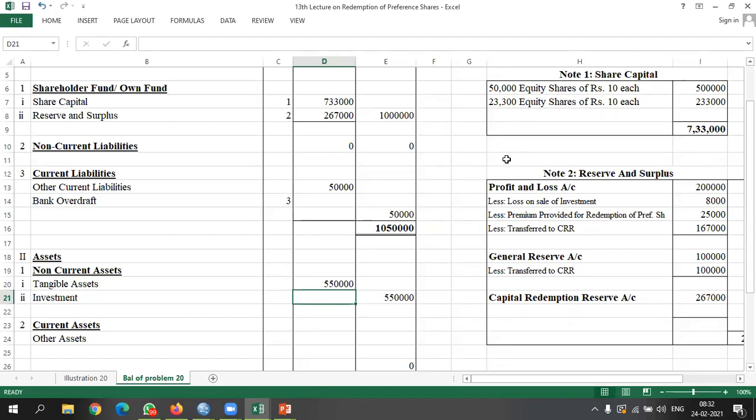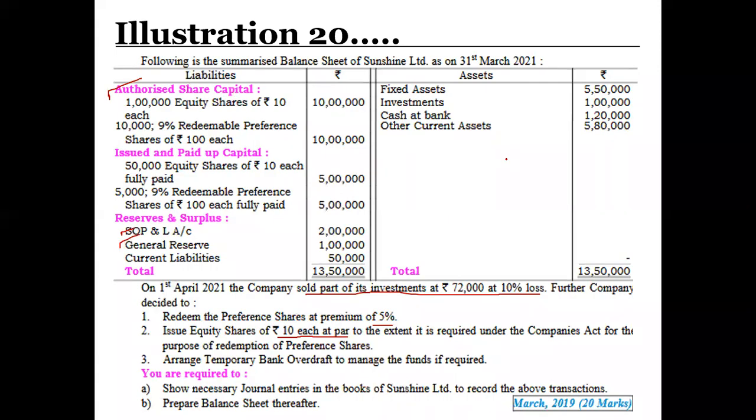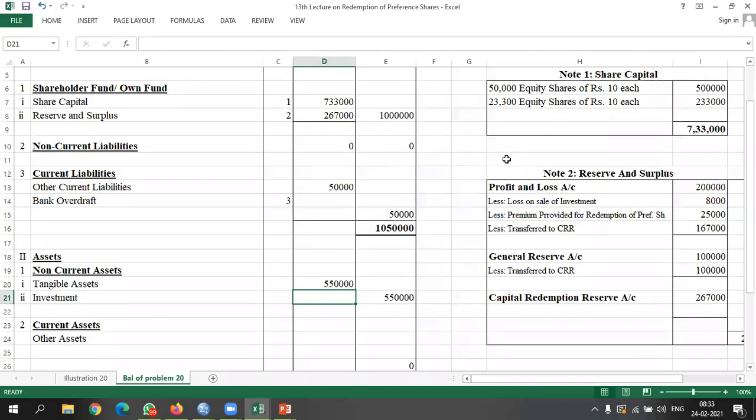Investment. Opening balance sheet shows an investment of rupees 1 lakh. But during the process, we have sold investment costing rupees 80,000. So 20,000 is still with us. So investment, we will write 20,000.